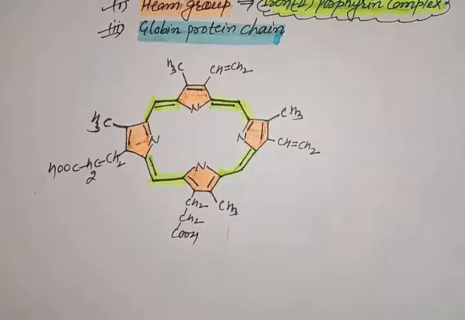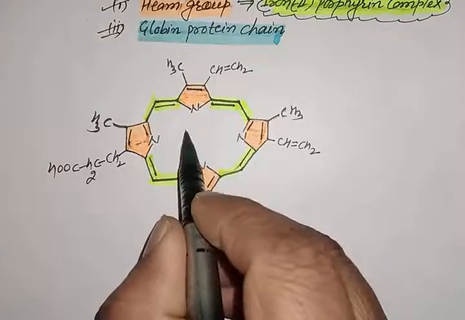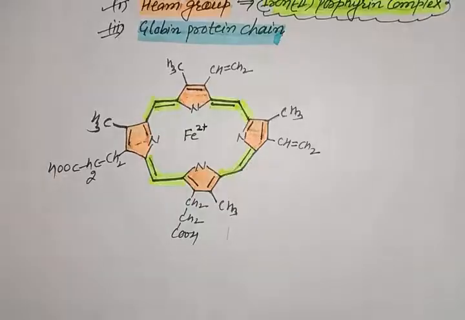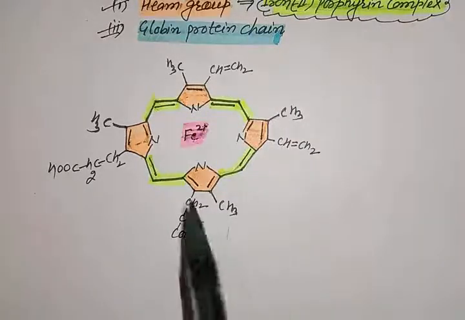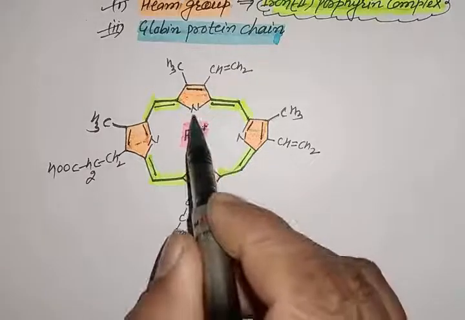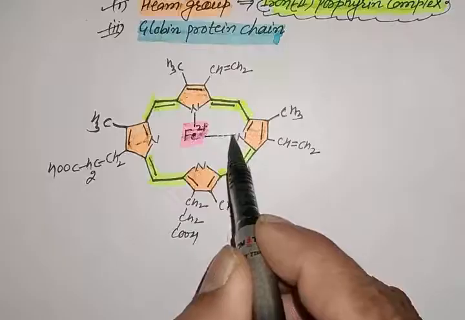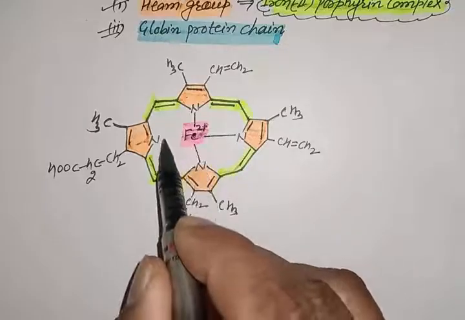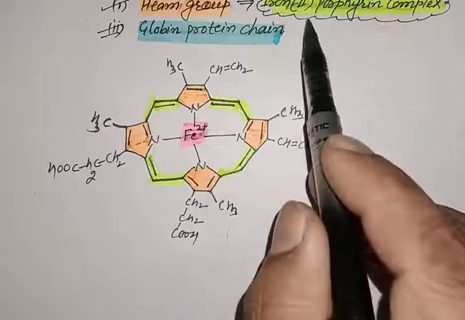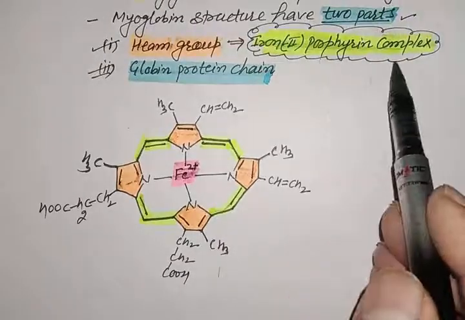In the center of this ligand there is an Fe metal attached, which is in the +2 oxidation state in the case of myoglobin. The Fe2+ present in the center forms four bonds with the nitrogen atoms of the pyrrole rings. Now this is called a metalloporphyrin, or the iron 2 porphyrin complex.